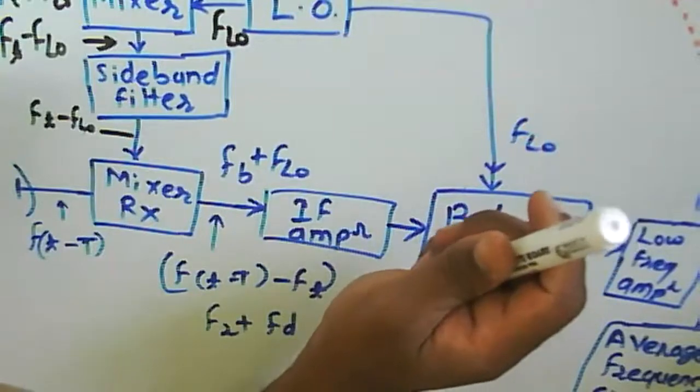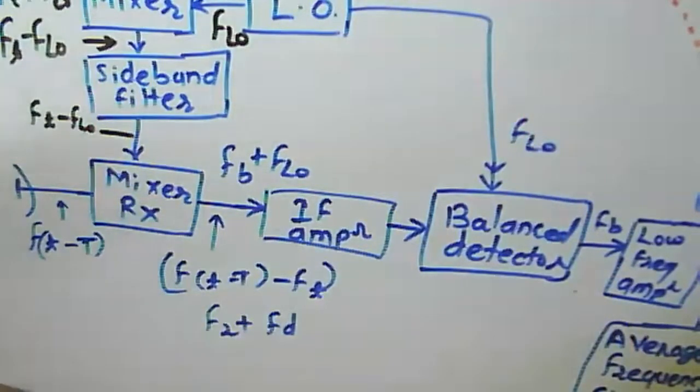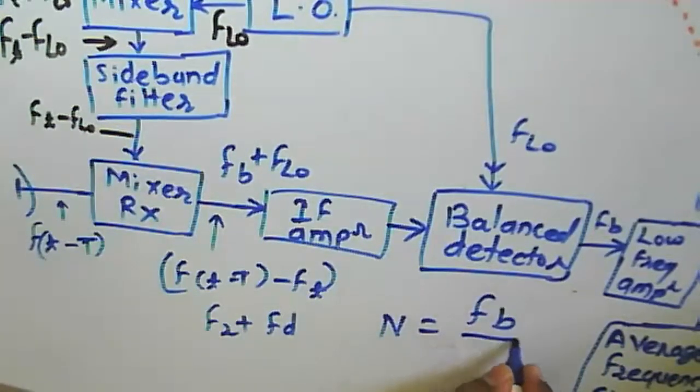That is nothing but depending upon the beat frequency signal and FM. So we can consider that the number of cycles here is equal to what? The average number of beat cycles, or beat frequency, in one modulation period of a cycle.